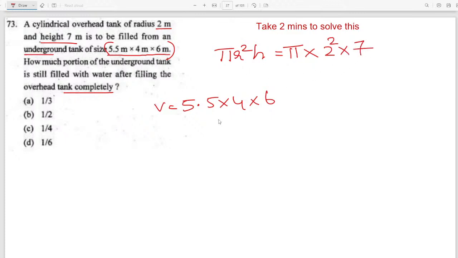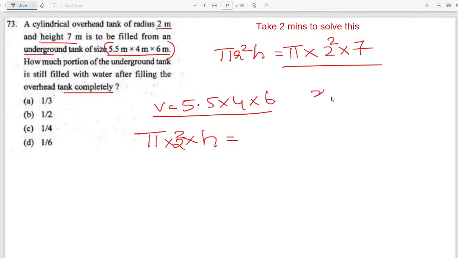Now we need to fill this volume of water into the tank. So let x be the fraction of the whole tank that can be used to fill this overhead tank. So this volume pi into 2 square into h is equal to x into the water that is there, 5.5 into 4 into 6.